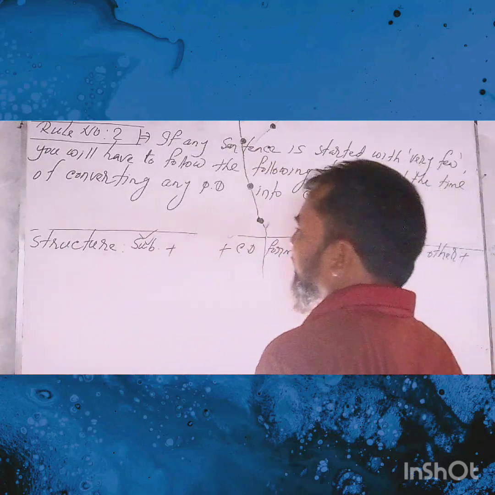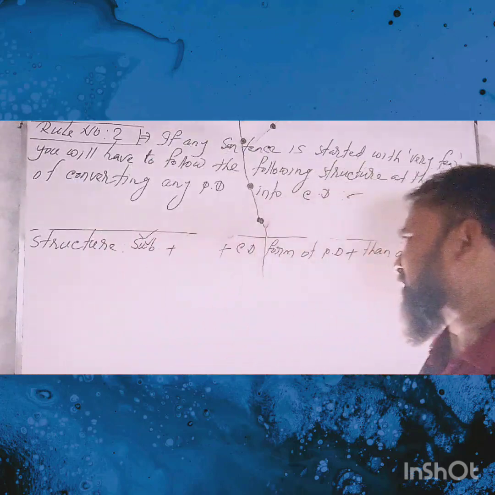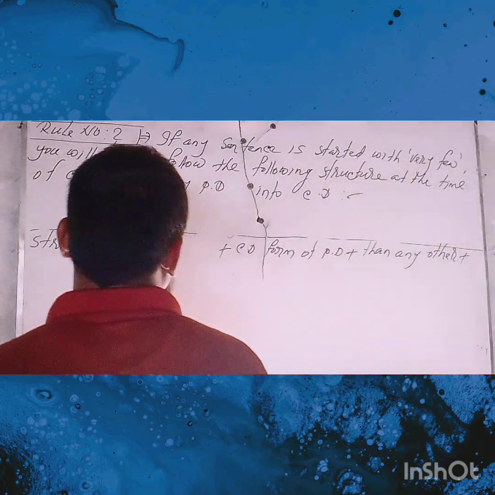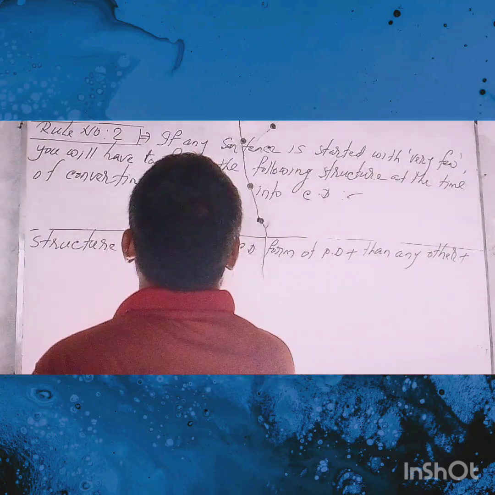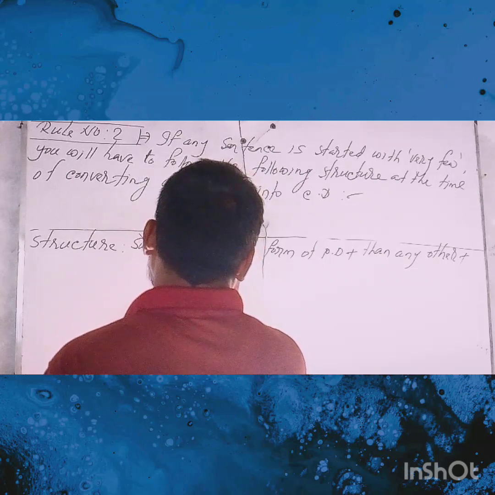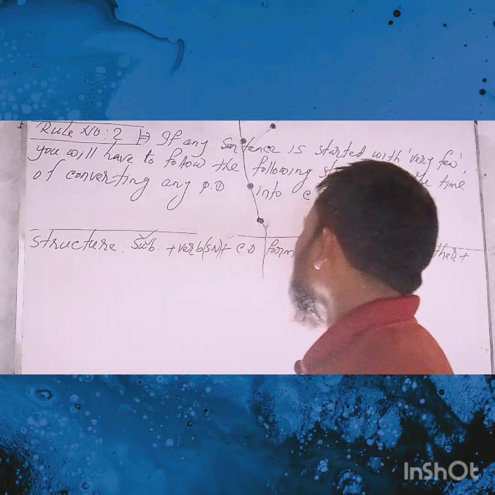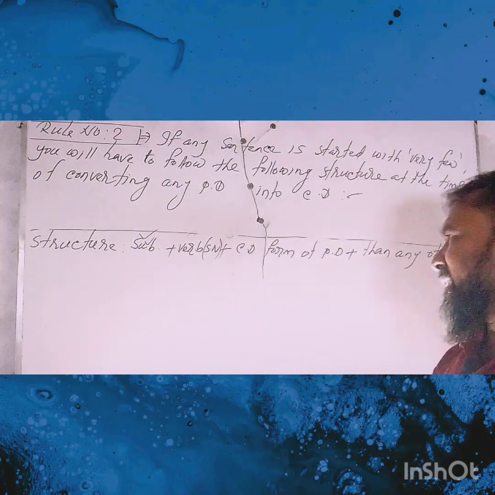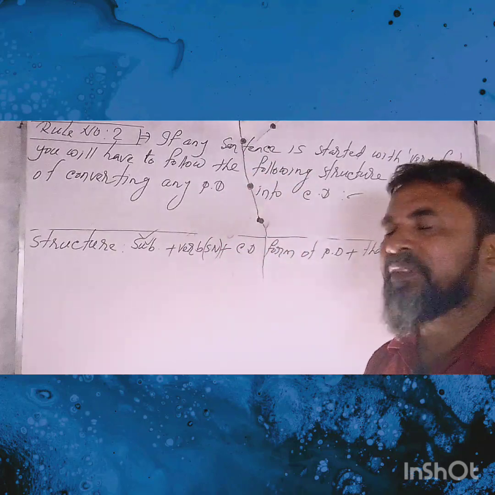According to the structure, you will have to write down at first the subject. Next, you will have to write down the verb, but in SN form. SN form means singular number. You have to write down the singular form of the verb from the statement.